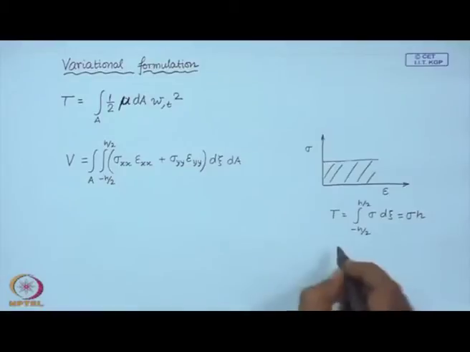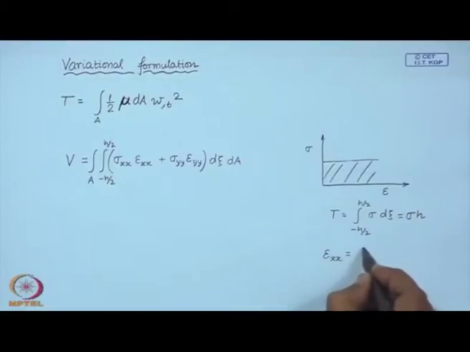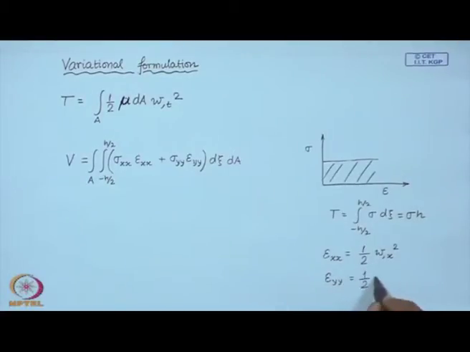Now, the strain, we have seen from the case of the string, the strain is half of del w del x whole square. So, in the other direction as well, we must have the same.